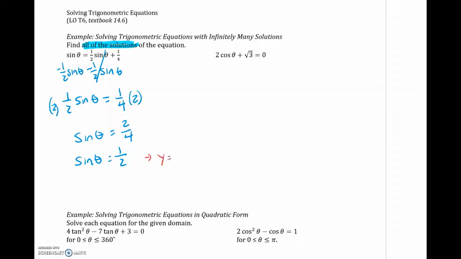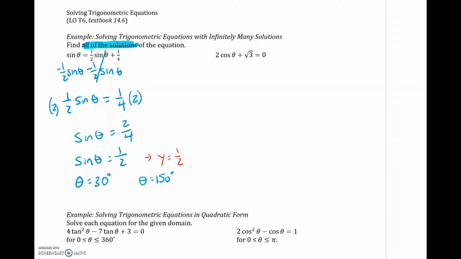So we're looking, is there a y value equal to 1/2? If you bust out your unit circle, well, yeah, there is. Y is 1/2 at 30 degrees. Y is also 1/2 at 150 degrees, because sine is positive in the first and second quadrant.